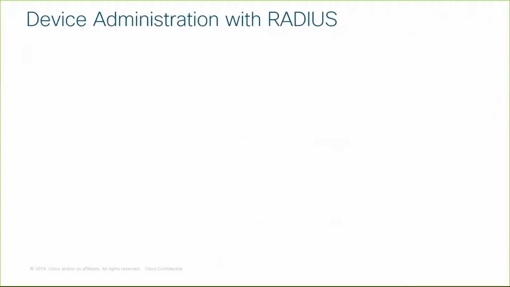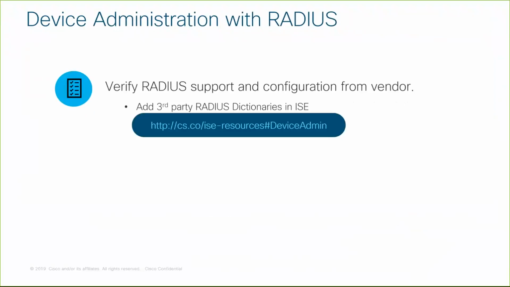But some of you said that my network also uses third-party devices that may not support TACACS. So what do you do in that case? You need to do device administration with Radius, right? There are a couple of things for device administration with Radius.